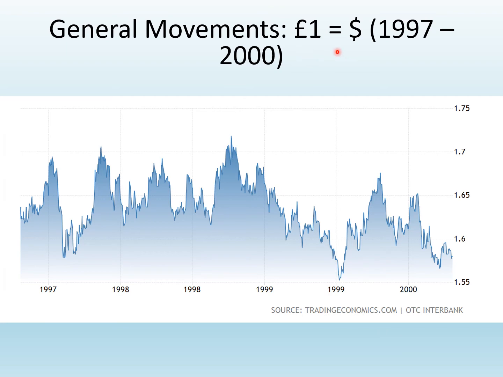So we must be careful what this means and look at the values here. But the point of this diagram, looking at just this 3-year period, is that if you look at the pound-dollar exchange rate, there's an awful amount of noise going on here. But if we just trend it, where did the currencies go against each other? Well, actually nowhere. So these are general movements.